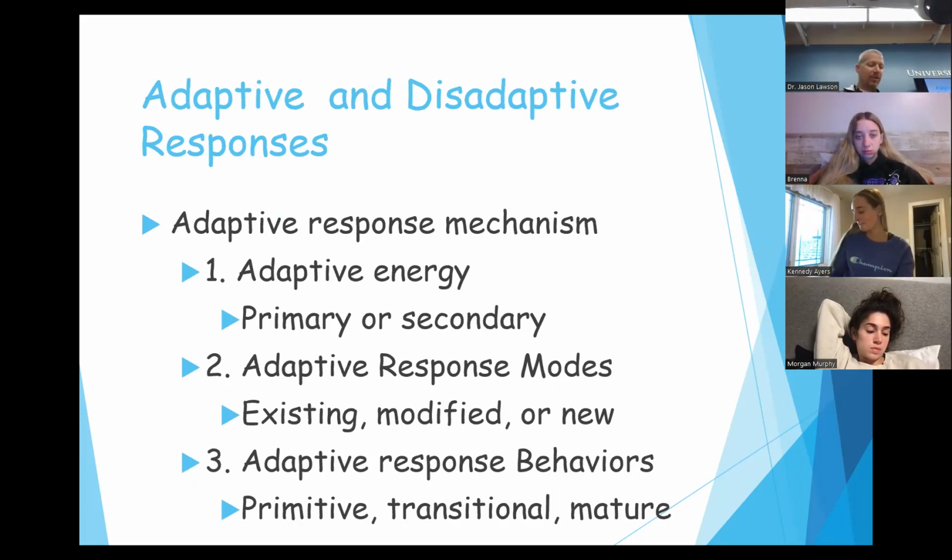So the adaptive energy is the first thing under the adaptive response mechanism. There is primary or secondary types of energy. When we're adapting to something, we can use a primary energy or we can use a secondary energy.